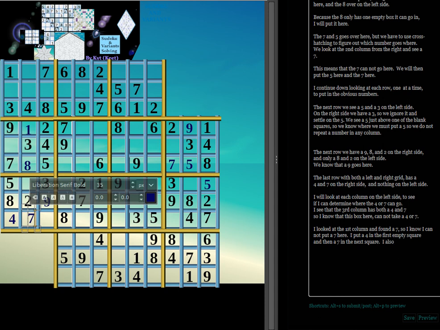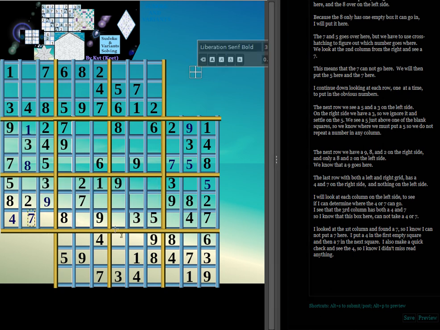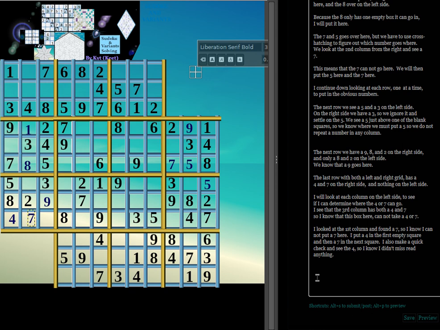I also make a quick check and see the 4, so I know I didn't misread anything. Now I will look at the columns.